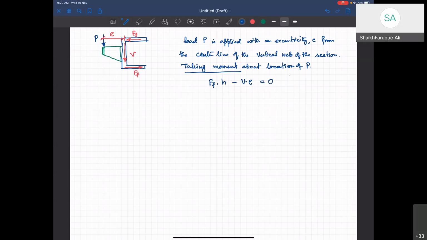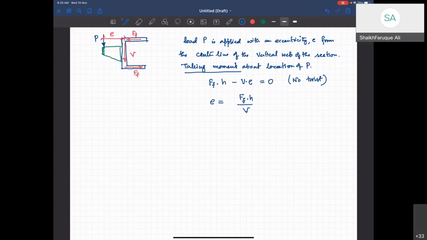I have to make it 0. No twist. That is our objective. I don't know E, so I have to find out E. So E is going to be FF into H by V.